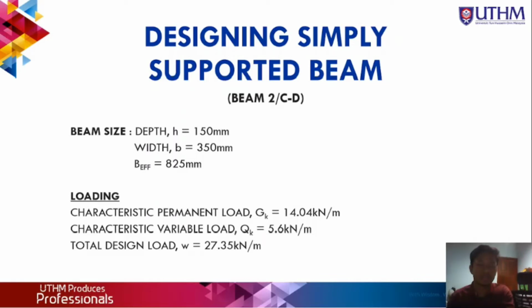For designing simply supported beam, I designed the beam 2/CD. For the beam size, depth is 150 mm and width is 350 mm and effective flange width is 825 mm. For loading, characteristic permanent load is 14 kN per meter. Characteristic variable load is 5.6 kN per meter and total design load is 27.35 kN per meter.